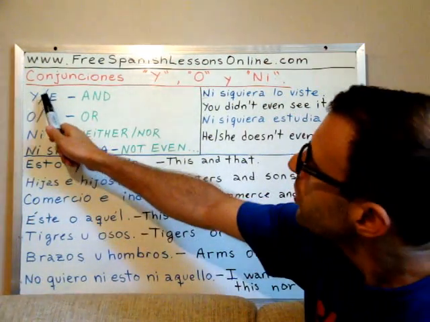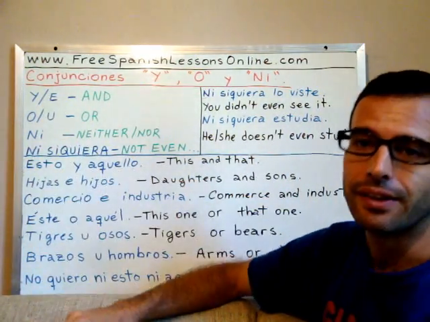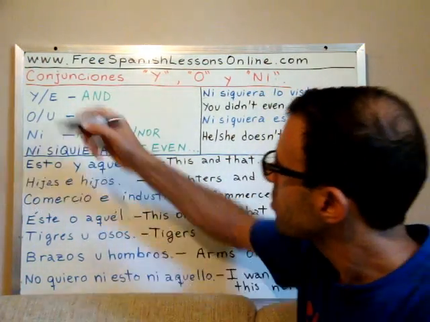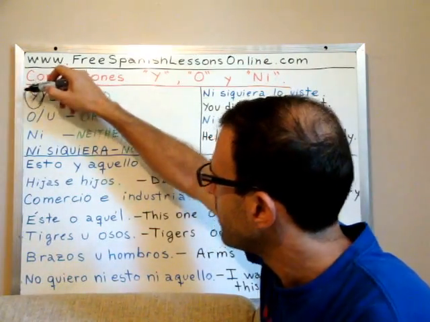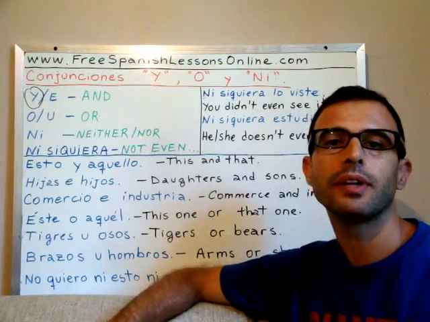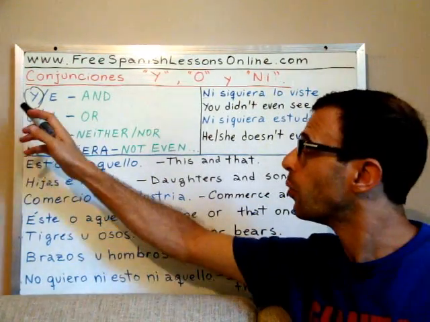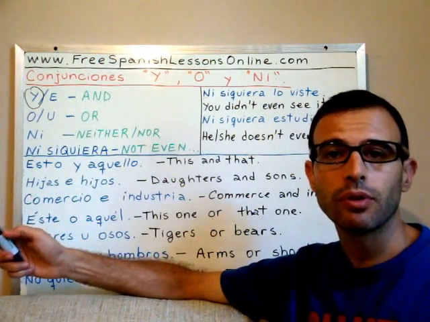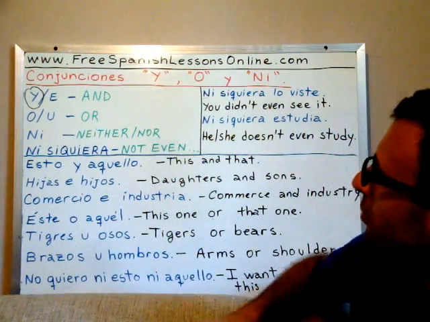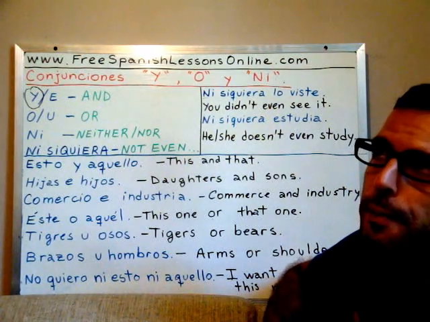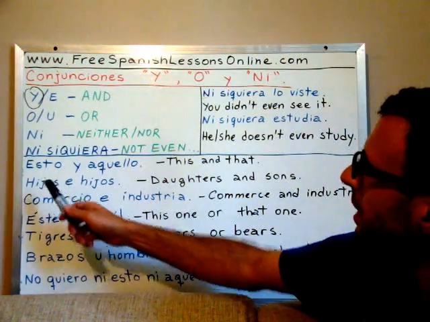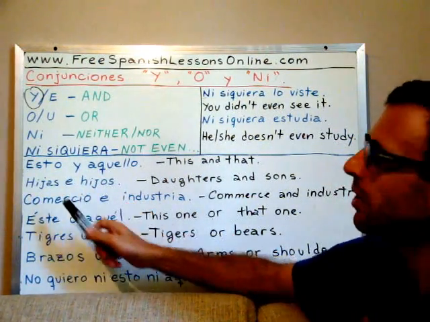So, when do we use e for and, right? The word that means and is y, for all words that follow it except those that begin with i or with hi, okay? So, for example, if you want to say hijos, hijos e hijas, okay? Like here, hijas e hijos, okay?